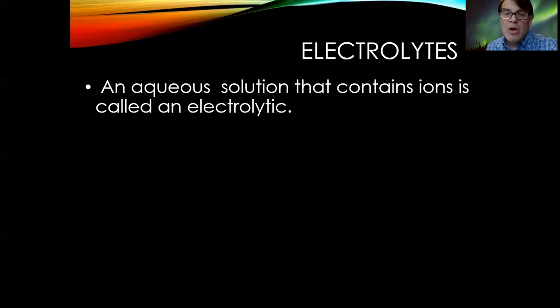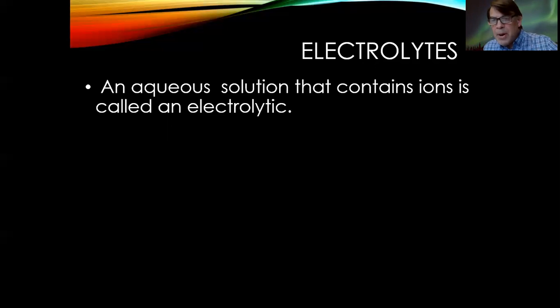What is an ion? What are ionic compounds? Well, these are compounds that are made up of a metal and a non-metal. And these tend to dissociate pretty readily in solution in water. That kind of solution where you have ions that have dissolved in water also tends to be very conductive, so they conduct electricity.